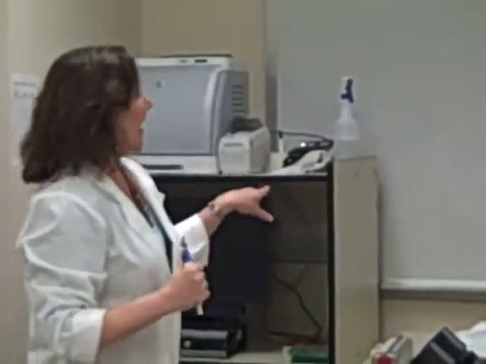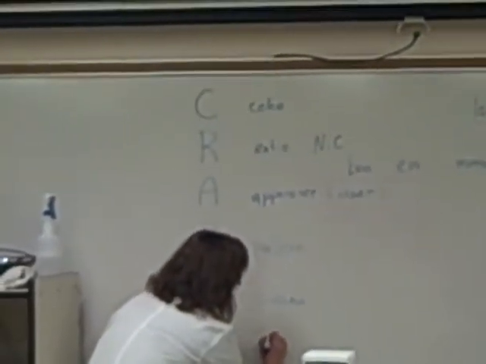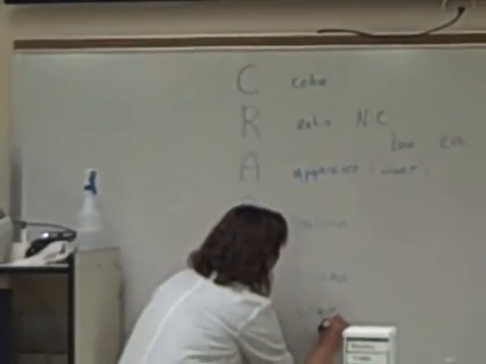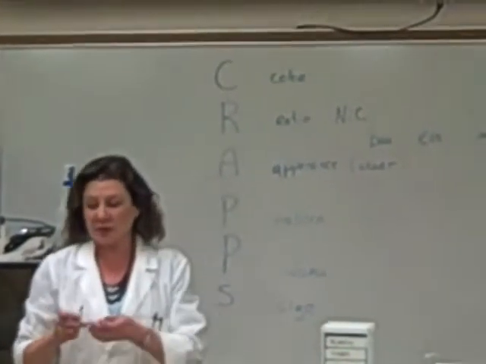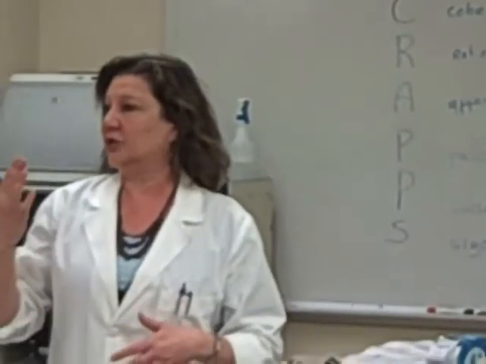The last one is S. Anybody got an idea what maybe S stands for? Size. And that's probably one of the more important parameters, because we're going to learn, as we talk about Unit 2, that as a cell matures, it becomes smaller.